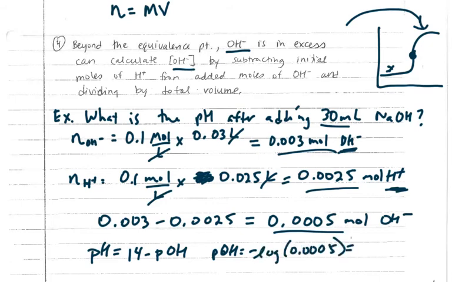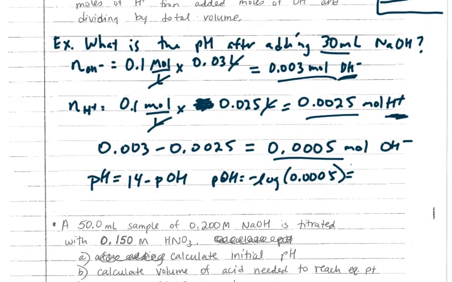0.0005, which is, oh wait, nope, I made a mistake here, because the pOH is the negative log of the concentration of OH, and this is not the concentration, this is just the number of moles.